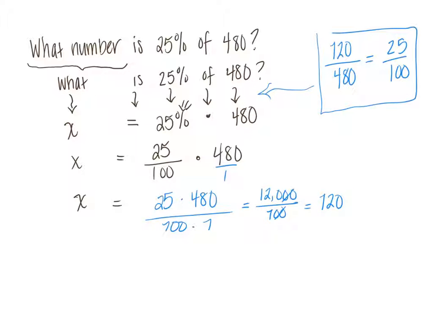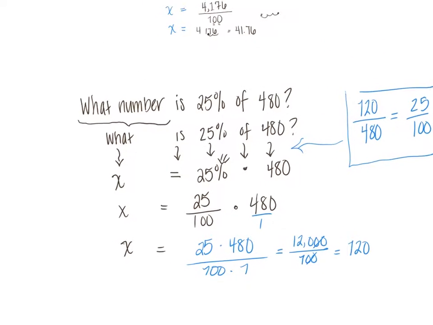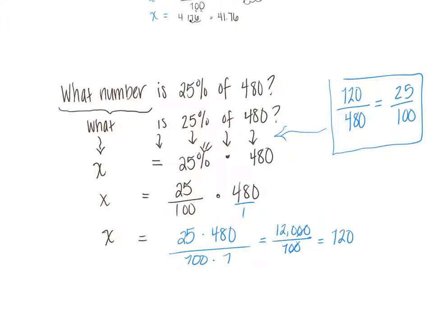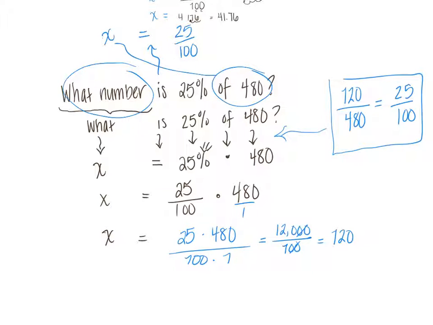So if I wanted to come back up to this problem and express it as a ratio, I could have what number, X is 25% of 480. That's my total number, so that would go down here. And this is the same thing as this guy right here. Either way solves it.